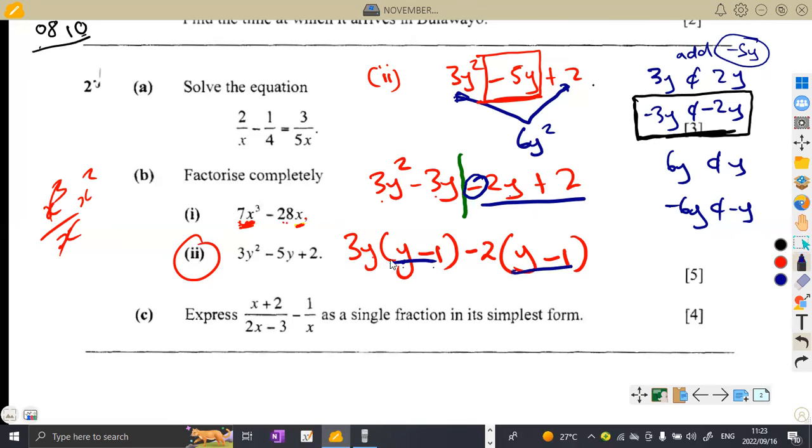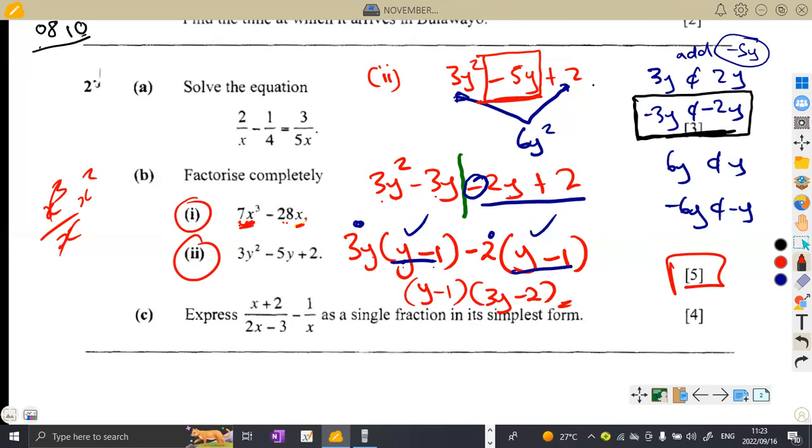So I just have to take that common bracket, y minus 1, into what is remaining, which is 3y minus 2. You write them in one bracket, 3y minus 2, and you're done. So that's your factorization. That's what we needed, guys, to get 5 marks from item 1 and item 2 of this question.